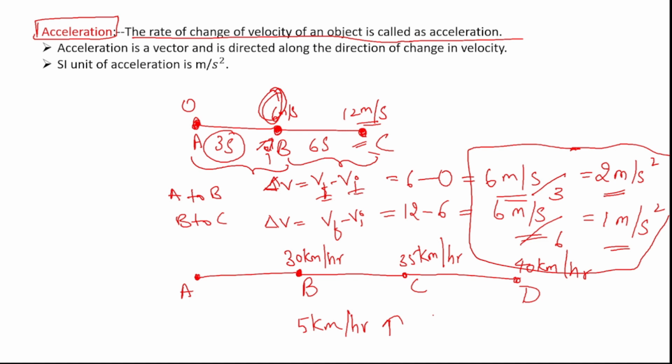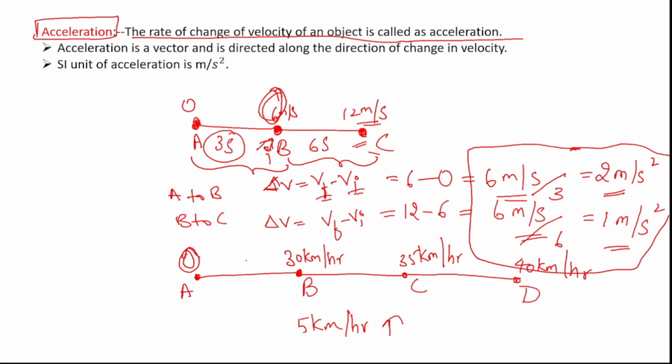So what is acceleration? We are giving extra energy, extra force to move that body. We are pressing the accelerator of that car and increasing the velocity of that car. Why? To increase its speed. Again, at point B we have 30, but we are pressing the accelerator again to increase its speed.